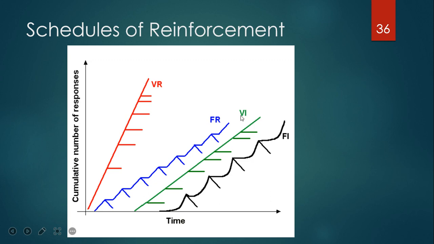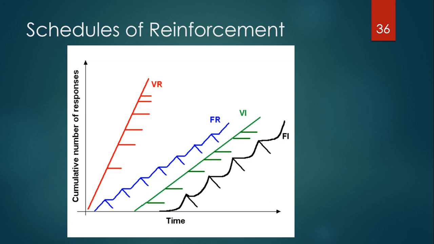This green line is our VI line, our variable interval. So variable, again, means that it varies around an average. Interval means amount of time. So this rat is getting rewarded after the first lever press after a variable amount of time has passed. So sometimes they get rewarded for the first lever press after 30 seconds.